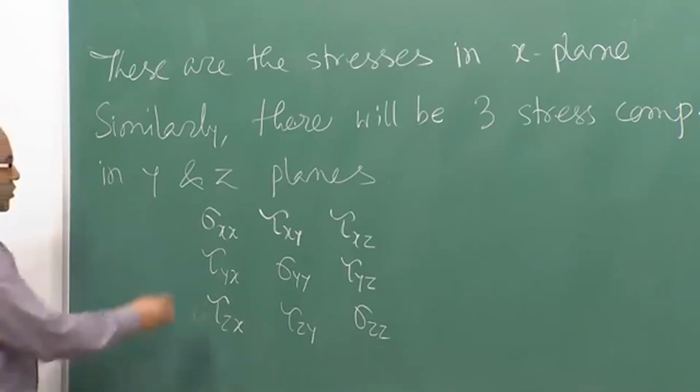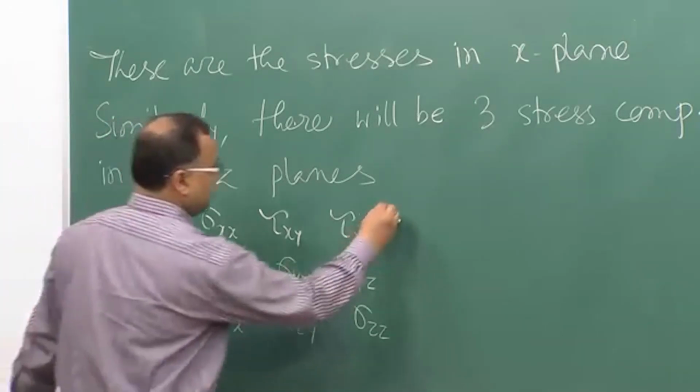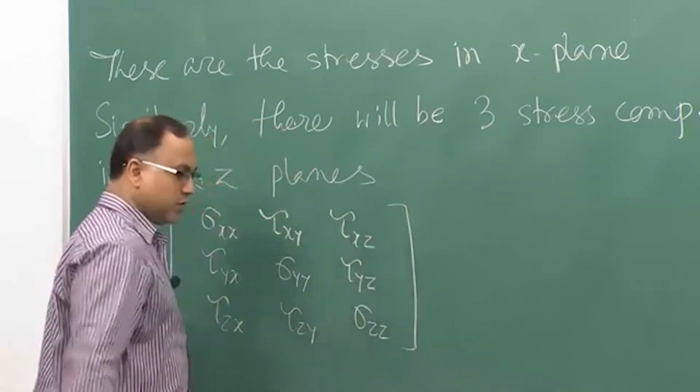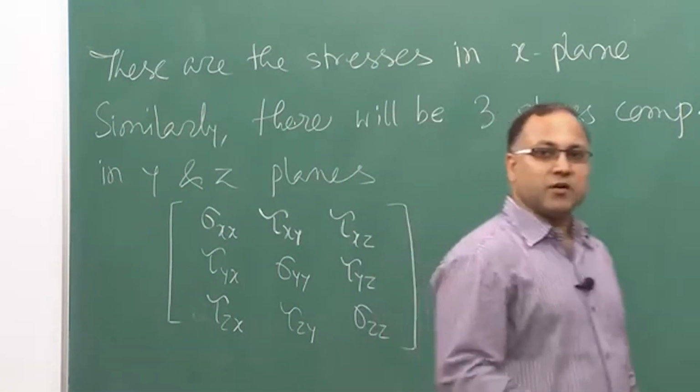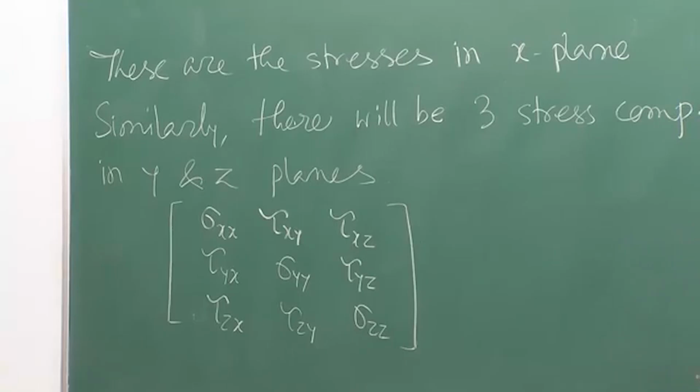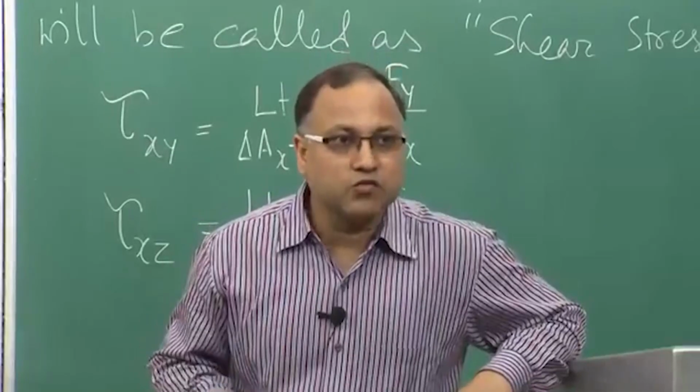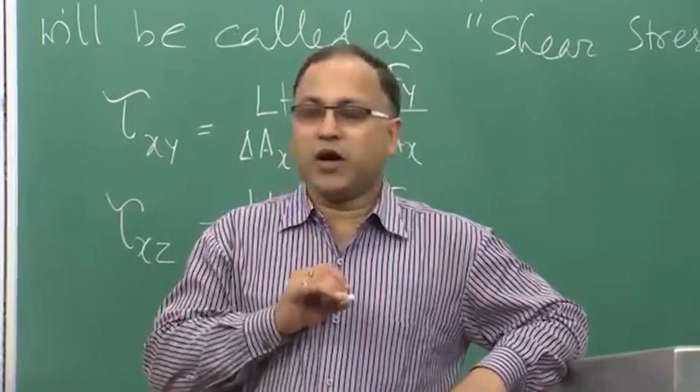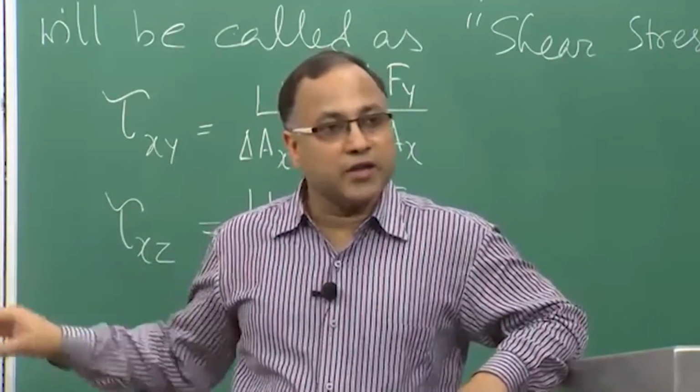Okay. So, this is your stress in the matrix form. So, this is your complete state of stress at point O. Whenever somebody asks you what is the state of stress at that particular point, you have to find out all 9 components.